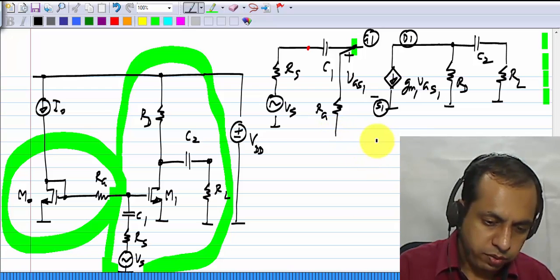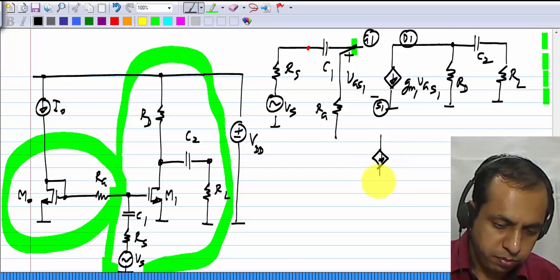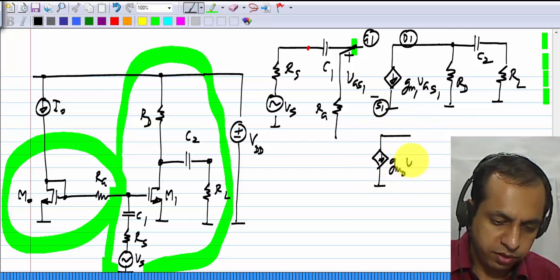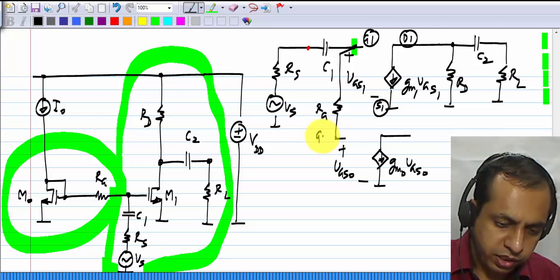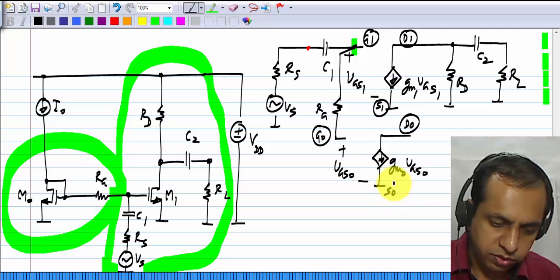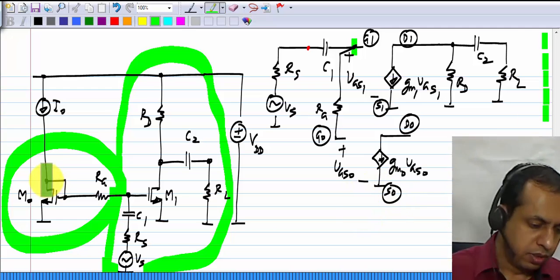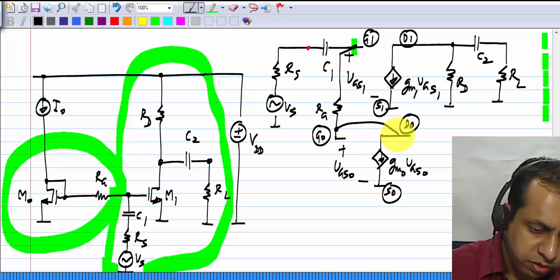Now I will have the transistor M0. So I have GM0 VGS0, where this is VGS0, and this is the gate of transistor M0, drain of transistor M0 and source of transistor M0. The drain and gate of M0 are connected together, so that connection we have to show.